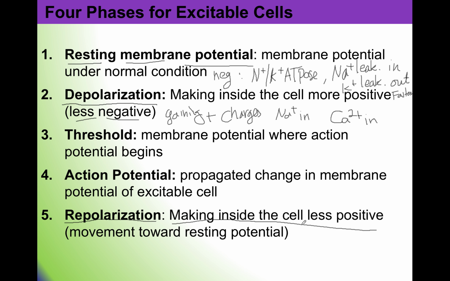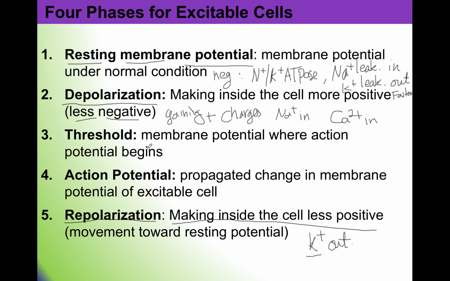So when I'm talking about repolarization, the most common ion that causes the repolarization process to happen is potassium moving out of the cell. Again, think about this. Potassium is positive, so if I'm losing potassium, that means I'm losing positive, so I become less positive, or in another sense, moving toward my resting potential, which is a negative number.